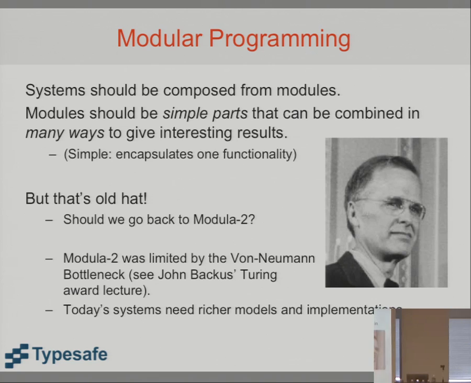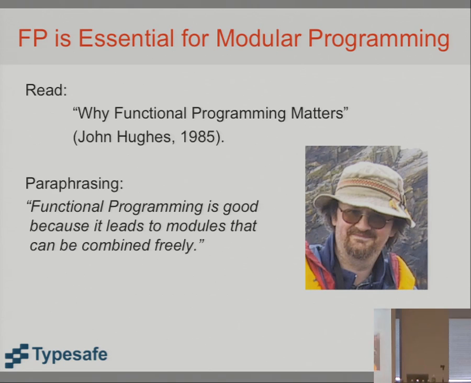And Modula-2 was a language in the same category, which was in the early 80s, I think, the only one that worked, because computers weren't that big that you could usually have the luxury of abstracting a whole lot from the actual hardware on which you were running. So in today's systems, we have much richer models and implementations. And one important, I think, influence for modular programming is functional programming.